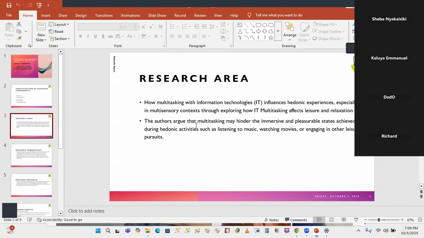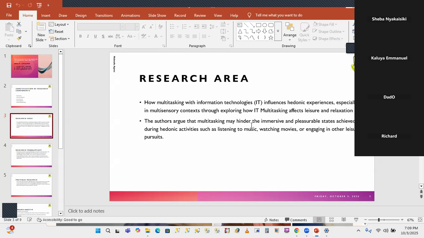The author argues that multitasking may hinder the immersive and pleasurable states achieved during hedonic activities such as listening to music, watching movies, or engaging in other leisure pursuits.